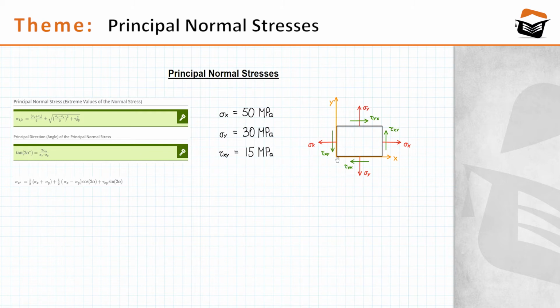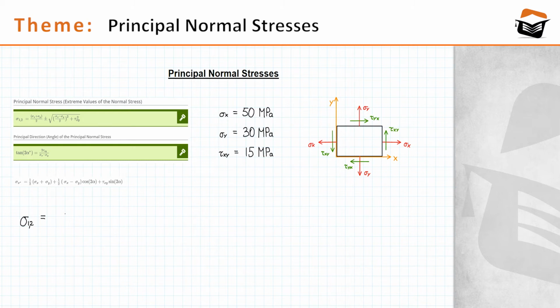This is the piece of material in the old coordinate system. And don't forget that the directions that are labeled here are the assumed directions. And since the corresponding stress values are positive, that means that the actual directions are in line with the indicated directions by the arrows. Sigma 1, 2 is equal to sigma x plus sigma y divided by 2.